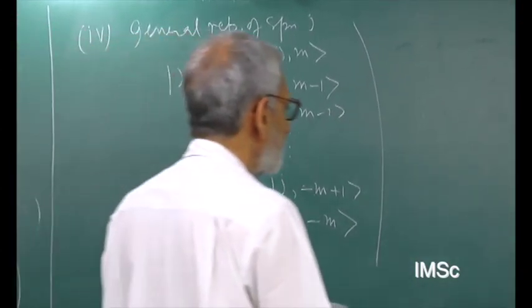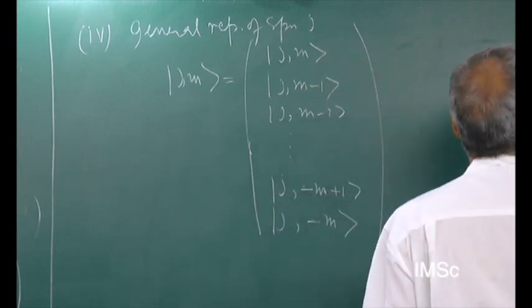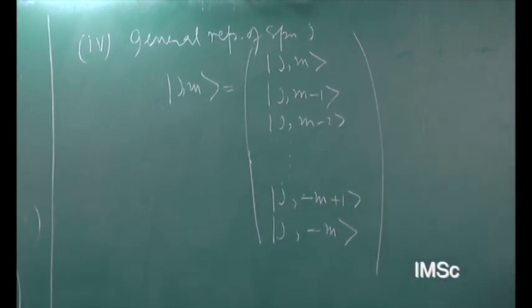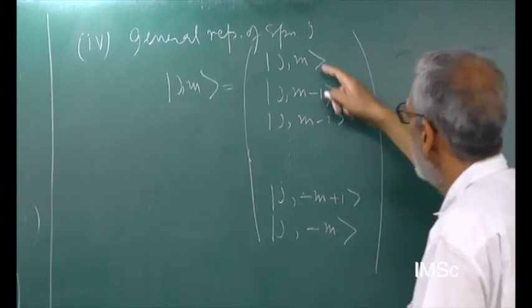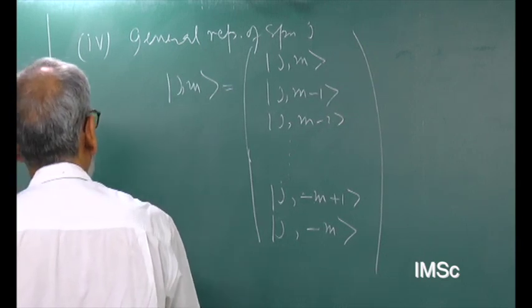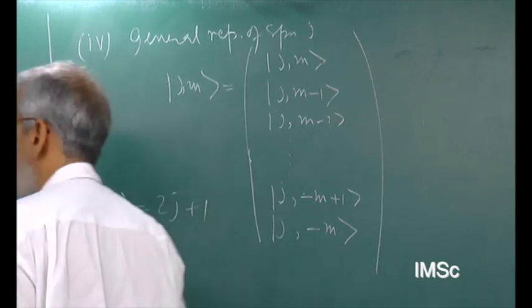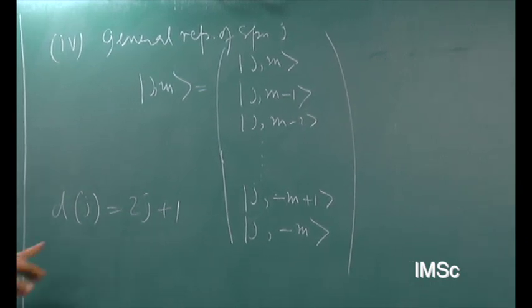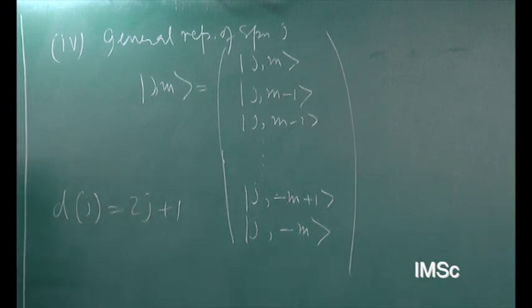In all, the number of components is 2j plus 1. That's the dimension of the spin j representation, 2j plus 1.